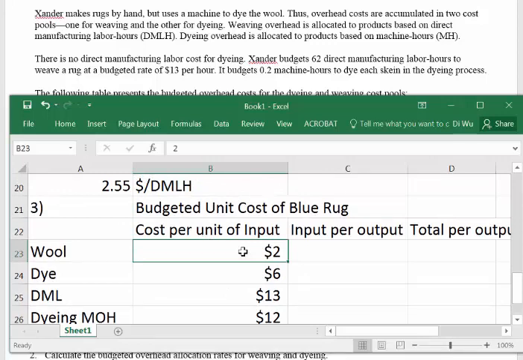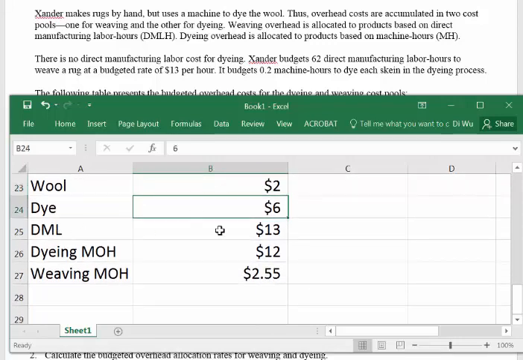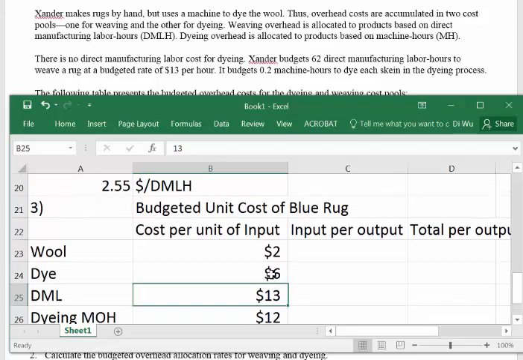So we're looking at $2 per skein for wool, and $6 per gallon for dye, and $13 per hour. That's labor cost. And for dyeing manufacturing overhead, we look at $12 per machine hour. For weaving manufacturing overhead, we have $2.55 per direct labor hour. Okay, so that's what we have.